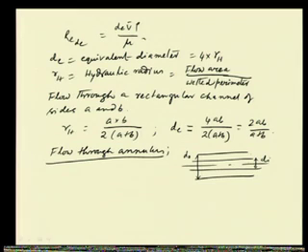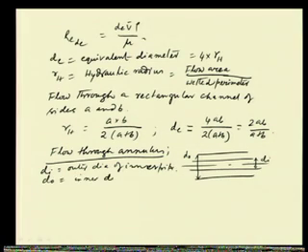So, di is the outer diameter of the inner pipe and DO is the inner diameter of the outer pipe.